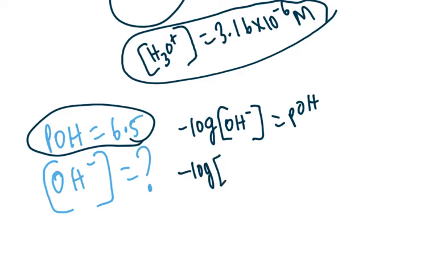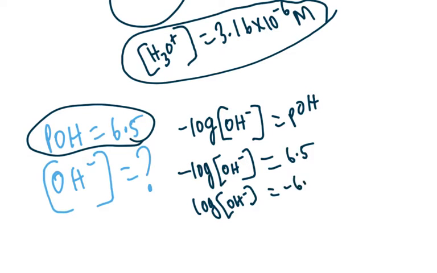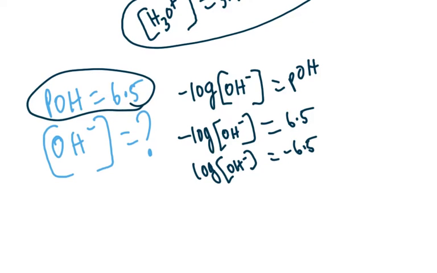Negative log of OH minus, our hydroxyl concentration, which represents alkalinity, equals 6.5. Sweet. Log of OH minus, get rid of that negative, equals negative 6.5. Then, based on the properties of logarithms, you're going to write 10 to the negative 6.5, bringing this as an exponent on the base 10, equals your OH concentration.